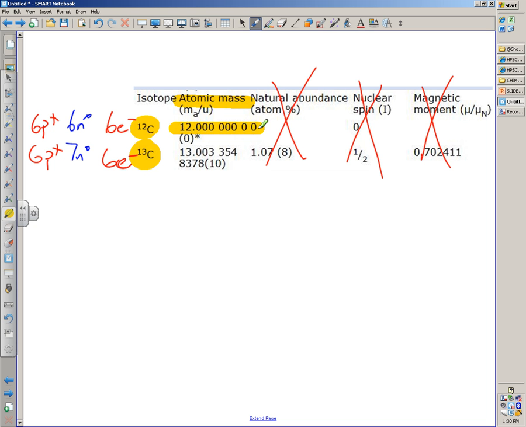We added one neutron. What does our atomic mass go up by? About 1. So we're saying that the carbon-13 atom is about 1/12 bigger than the carbon-12 atom. Does that make sense? Okay. Good so far? All right.